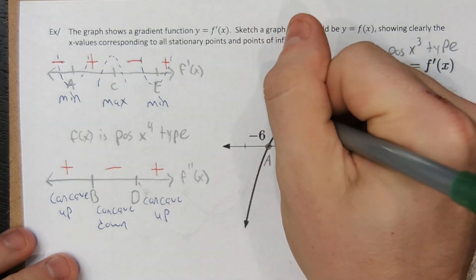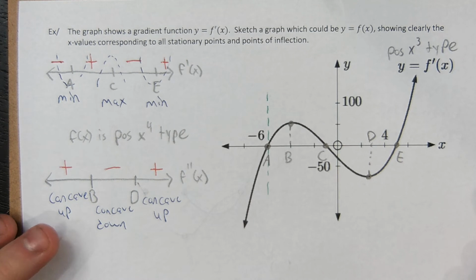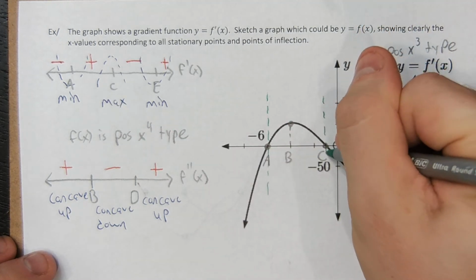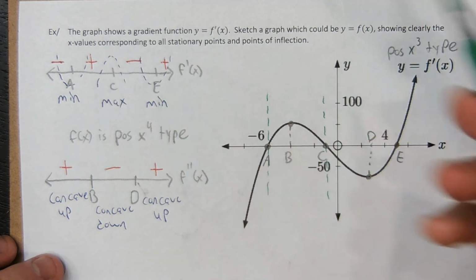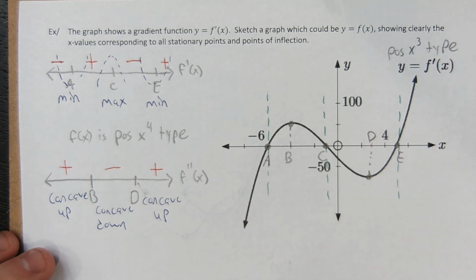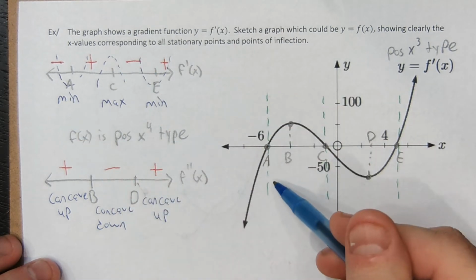So I'll just do something like this. I know I have a minimum on that green line. I know that I have another turning point, which would be a maximum at C, and I have another minimum at E. Minimum, but both endings are up.